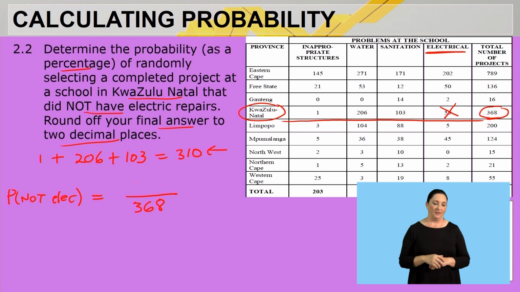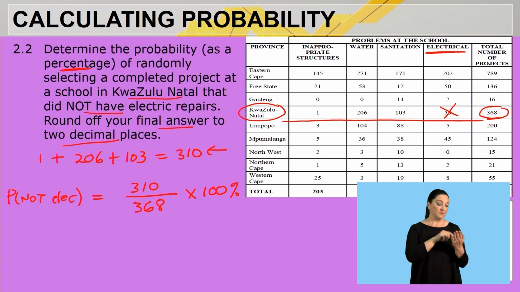So I'm going to say 310 divided by 368. And since I want my answer to be a percentage, I'll multiply this value by 100%. And that is only my unit. So 310 divided by 368, and that value I have to multiply by 100.